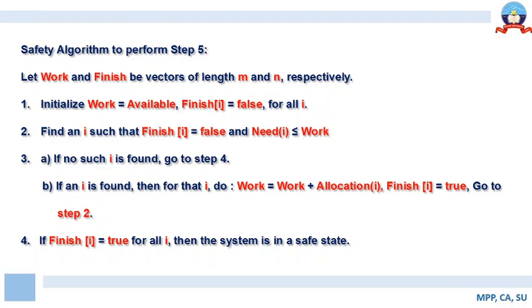So once work has been updated, once the available resource set has been updated, then I need to say that the process has finished. So finish of i will be set to true, and then we will go to step number 2, because I need to find another process that is waiting for allocation of resources, where finish of i is equal to false and need of i is less than or equal to work.